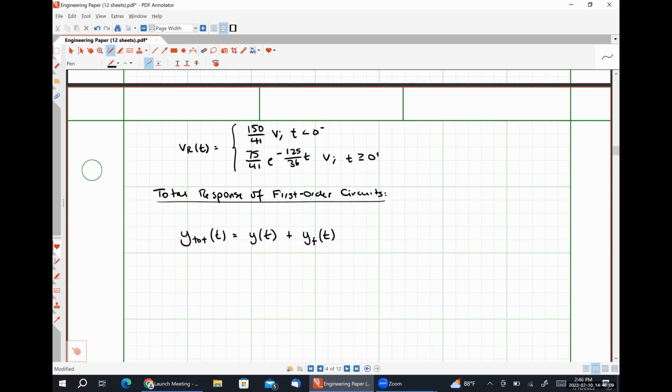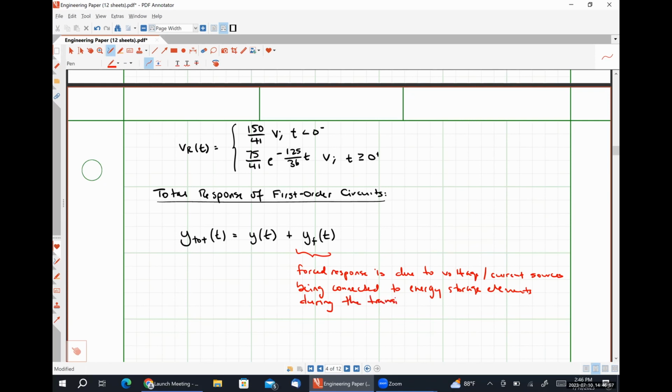So the forced response is due to voltage and or current sources being connected to energy storage elements, capacitors or inductors, during the transient condition.